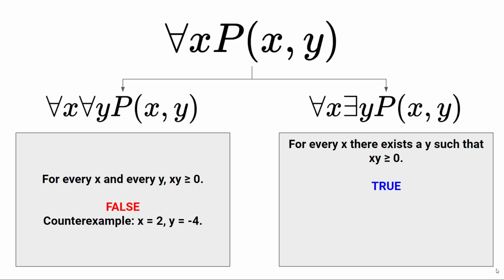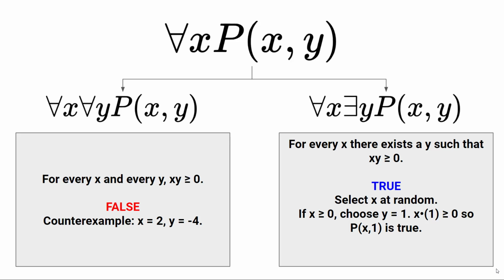I will now tell you the y value that will make x times y bigger than or equal to 0. If your x was positive, let y equal plus 1. If your x was 0, also let y equal plus 1. In that case, x times 1 is either positive or 0, which means P of x comma 1 is true, no matter what your choice for x was.